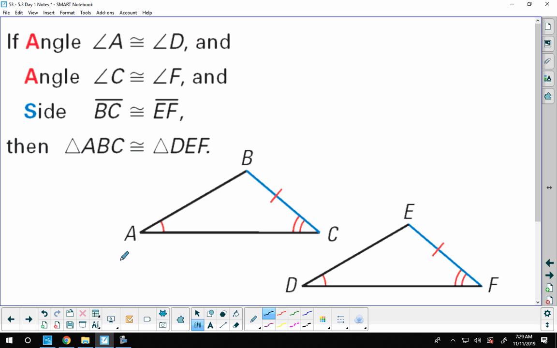So here is an example, and I gave this as a non-example for the last congruence postulate. So we have angle, angle, side. This is one of the harder ones to recognize. So this would be the included side. This is the non-included side. Now another example of angle, angle, side could look like this.